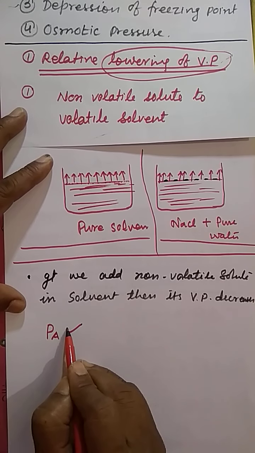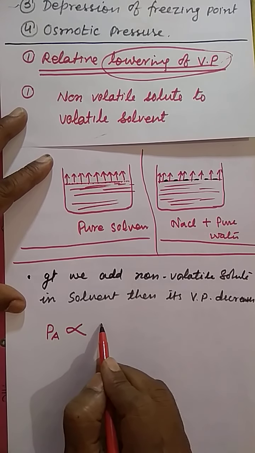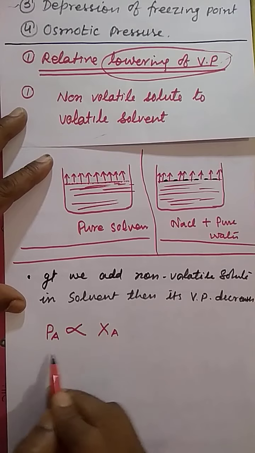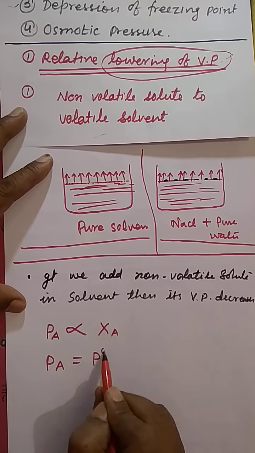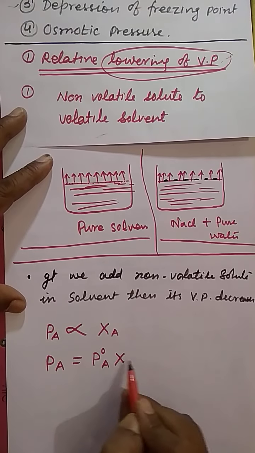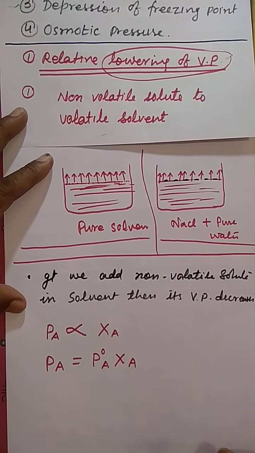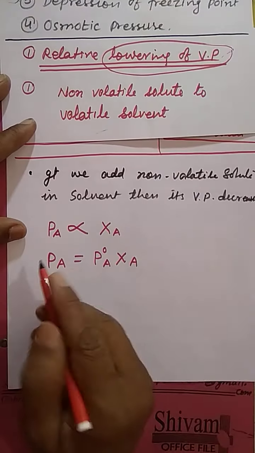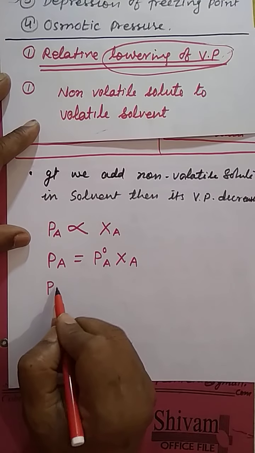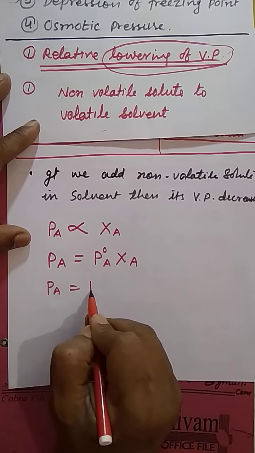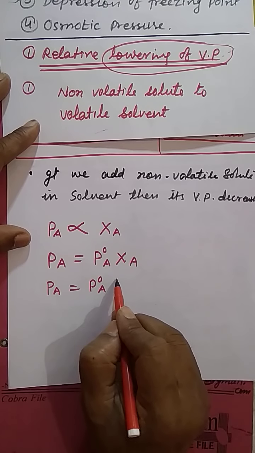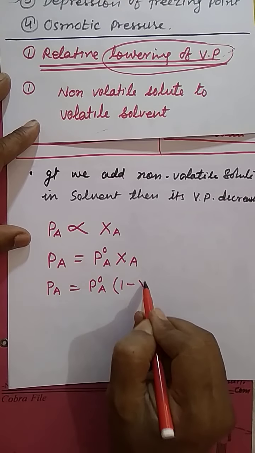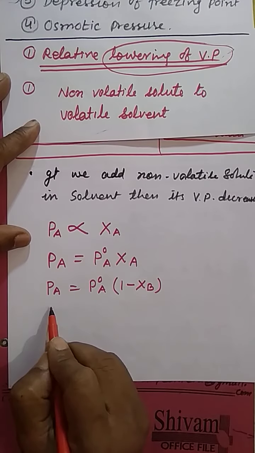This is directly proportional to XA, or PA is equal to P naught A XA, right? Or PA is equal to P naught A times the mole fraction of solute form, 1 minus XB.